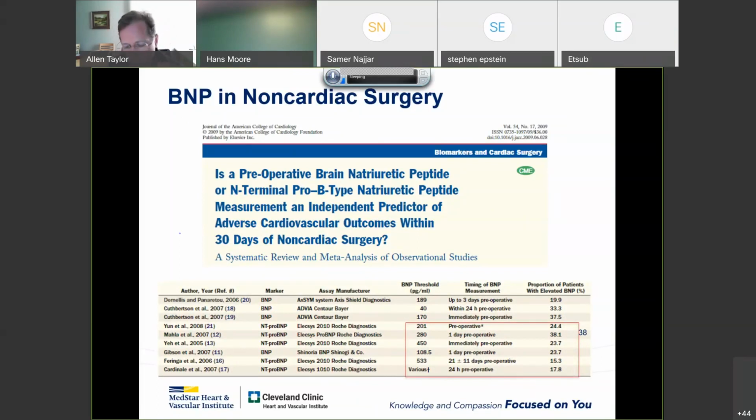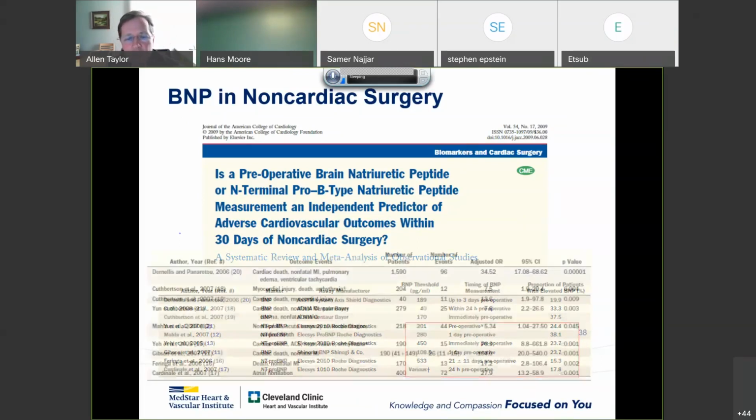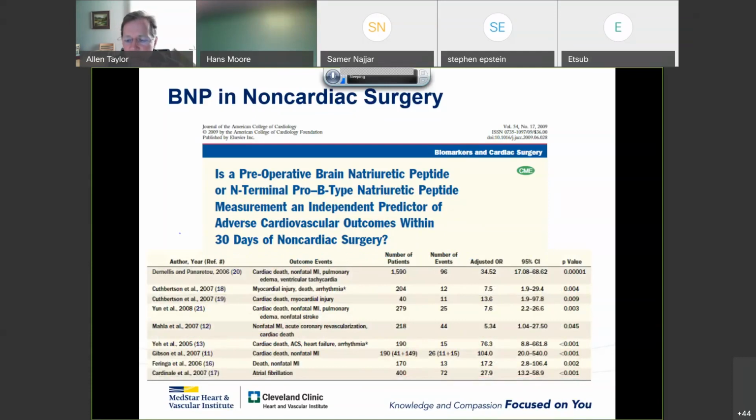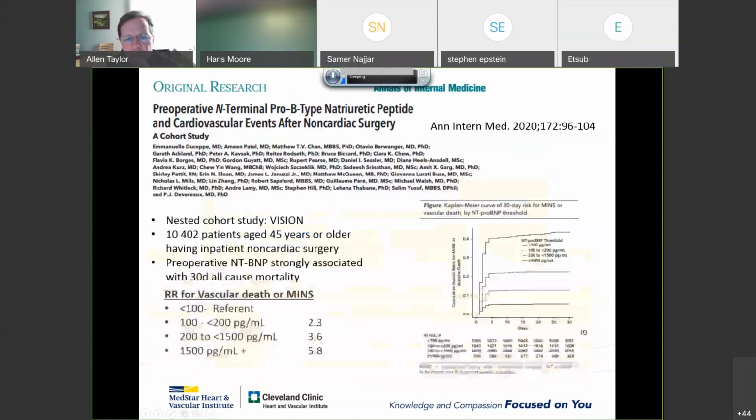And the answer is yes, as summarized here. I'll show you the outcomes: the overall event rates in terms of adjusted odds ratio, you see there in the third column from the right, the adjusted odds ratios are significantly higher for patients who have elevated BNP in the perioperative phase.